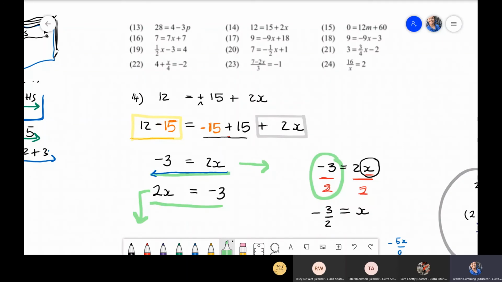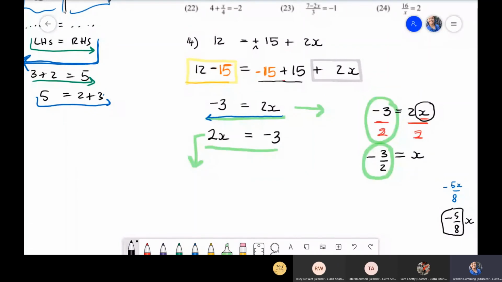Or if I chose to make sure that I put x on this side, but I kept my positive 2x as it is, I kept the negative 3 as it is, the equation still is how it's been given. I've kept the integrity of my equation. Then I can also still apply my inverse operation here, provided I understand how I am getting rid of my coefficient.